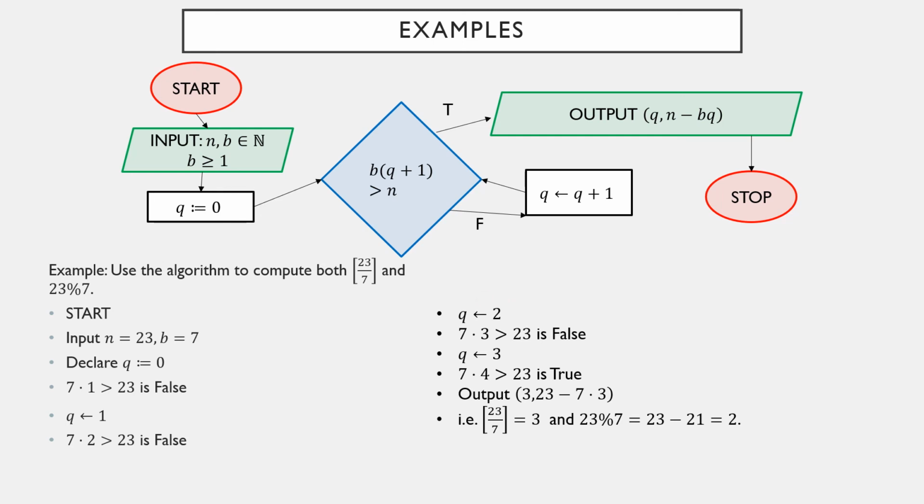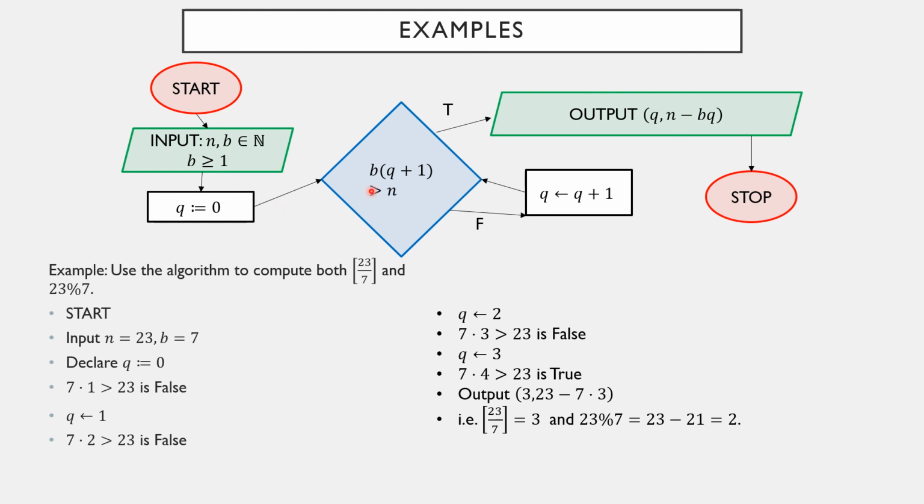Okay, so I would recommend that you actually try working through this with a couple other choices, 28 over 5, 31 over 6, etc., to find both the quotient and the remainder to get a hand on what's going on in this algorithm.